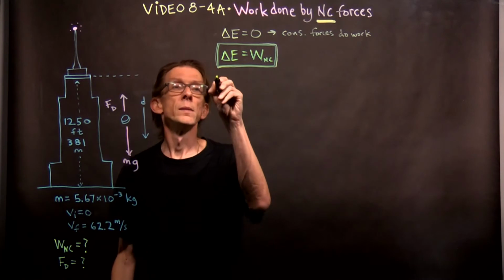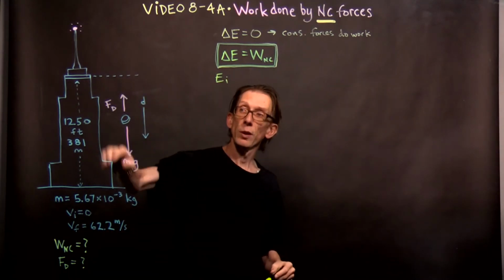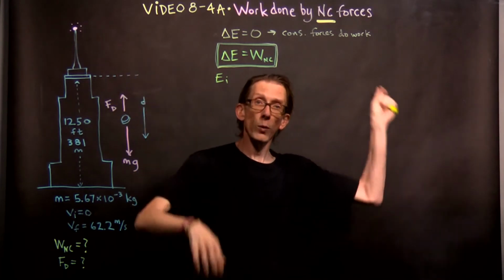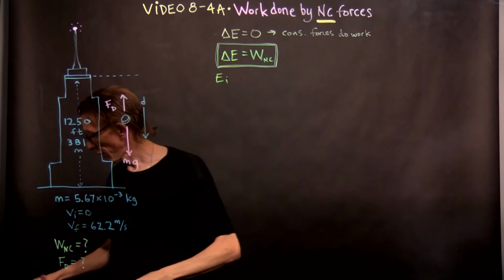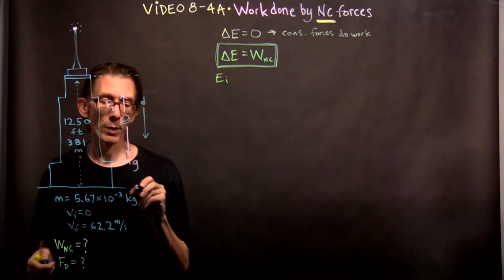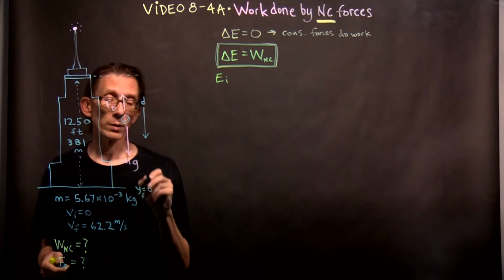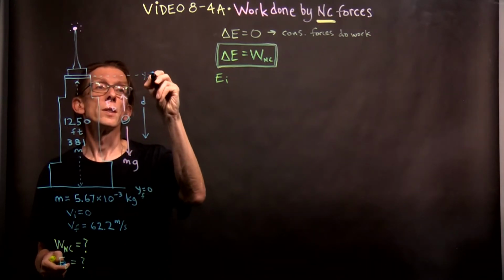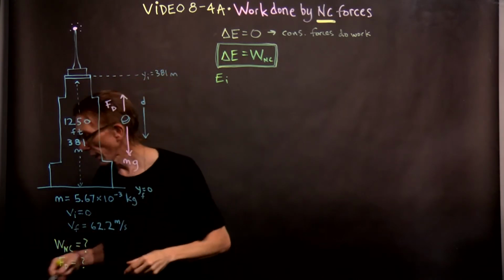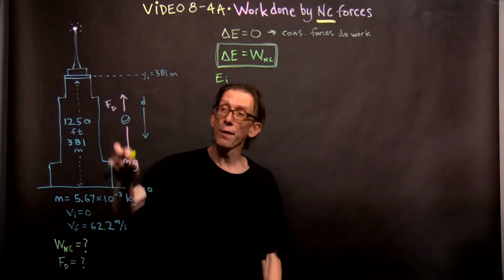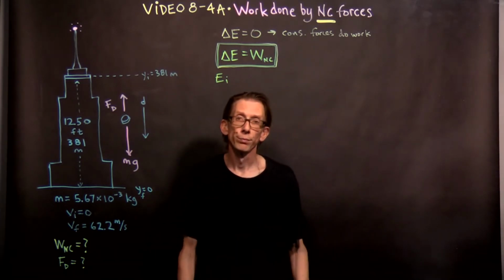So E_i. What kind of energy do we have initially? We're up here. The coin is being held at rest out above the sidewalk. We're going to call the sidewalk itself y equals 0. That's y final. Y initial is going to be 381 meters. So what kind of energy do we have if the quarter is suspended above the sidewalk, 381 meters above?